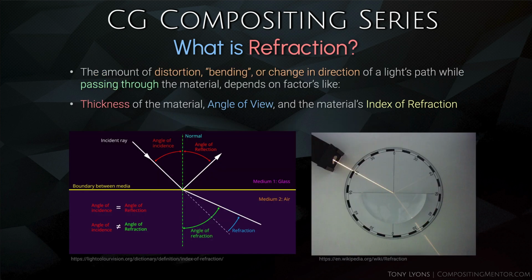The amount of distortion, bending, or change in direction of a light's path while passing through the material depends on factors like thickness of the material, angle of view, and the material's index of refraction. Basically, the shape of the object, the angle in which the light is entering, and the type of material are all going to be factors in how much that light is bending and changing directions.